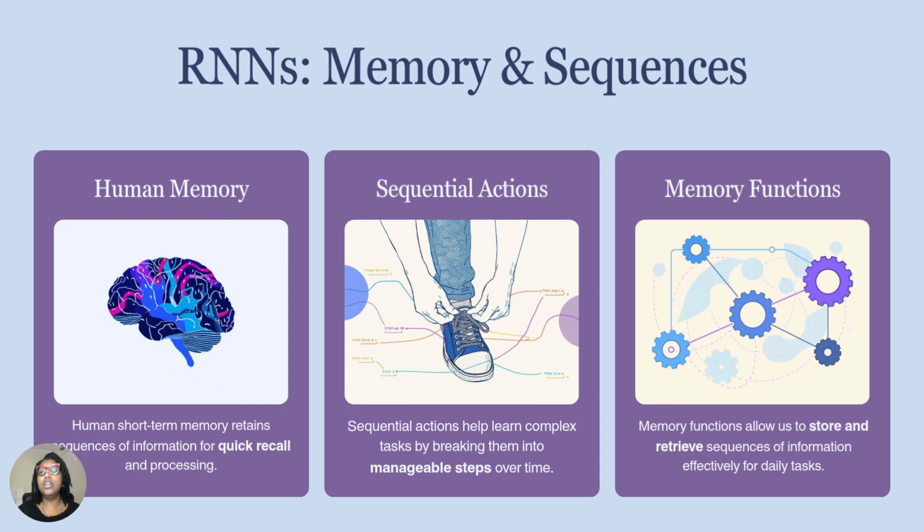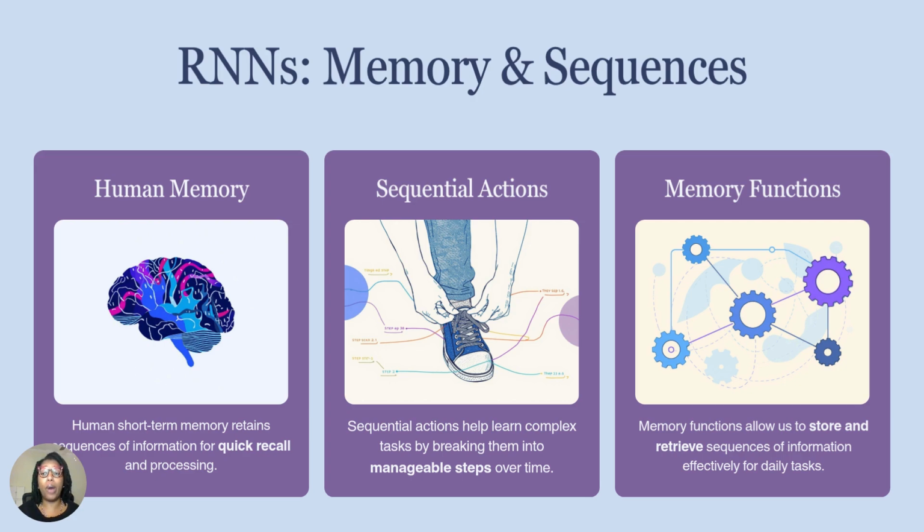So you can think of a recurrent neural network like your short-term memory, where it retains sequences of information to quickly recall and process. It's sort of like remembering information during a conversation. You remember what was said before, so you can respond appropriately based on what you previously heard. That's essentially what a recurrent neural network does.